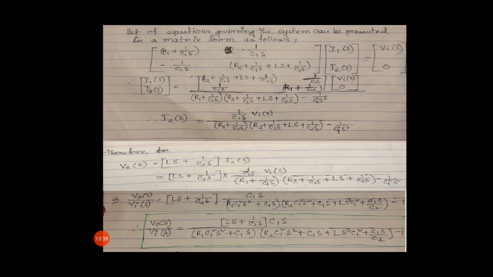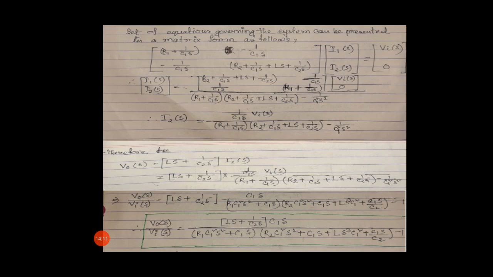Now the set of equations governing the system can be represented in matrix form as follows, like this. We can represent this equation in matrix form. Okay, so in this matrix I1(s) and I2(s) are obtained in this way. From this equation we simplify I2(s).